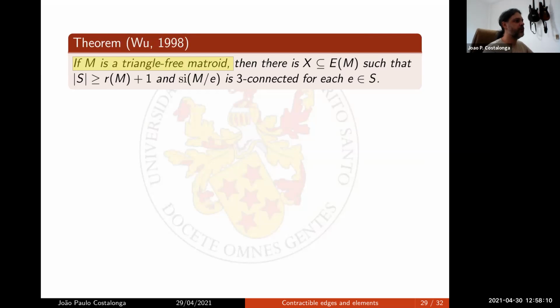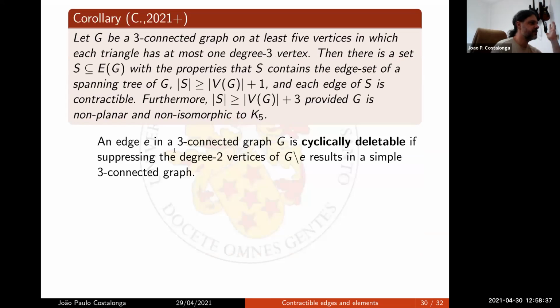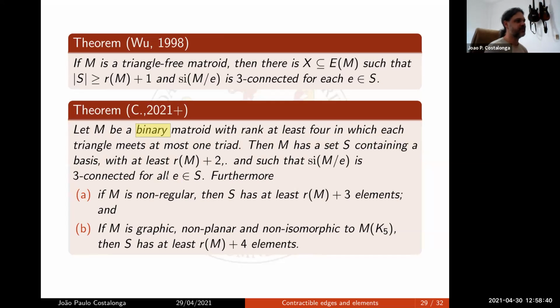There is a previous theorem by Wu. It said that a triangle-free matroid has a set with its rank plus 1 elements whose contraction of simplification is 3-connected. This generalizes to this, using that result, that a binary matroid with rank at least 4, in which each triangle meets at most one triad.